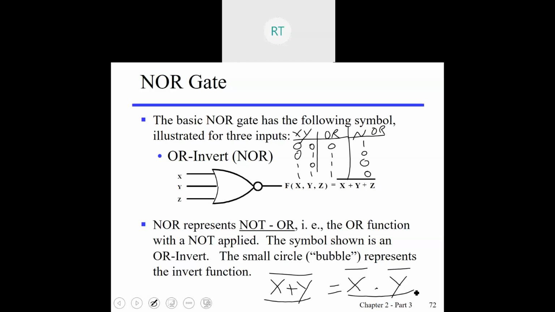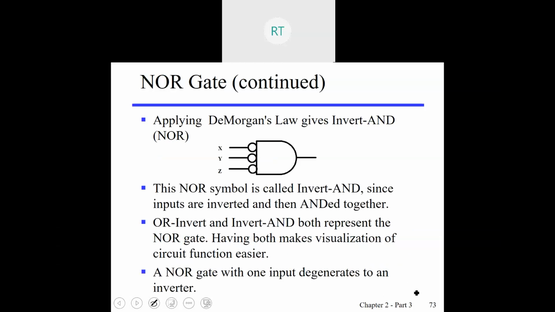The second NOR gate is represented with an AND but inverted inputs. So see, this is an AND with inverted inputs. So this is also a NOR gate, and I will draw the other one, which is an OR with a bubble. Okay, and you have two inputs. So this is a NOR, and this is also a NOR. The first is represented with an AND gate, the second is represented with an OR gate. You got the difference between the two?